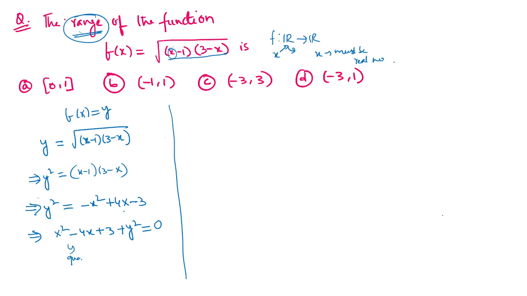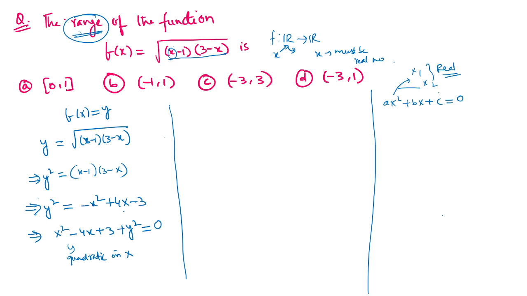This is quadratic in x, right? A quadratic equation is of the form a x square plus b x plus c is equal to 0. Let's say its roots are x1 and x2.